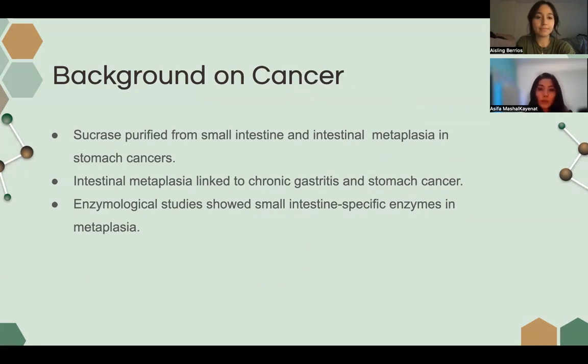Enzymological studies have shown the presence of small intestine-specific enzymes in areas of intestinal metaplasia, particularly sucrase. Since stomach cancer often originates from these areas, research has focused on understanding its role in stomach carcinogenesis.